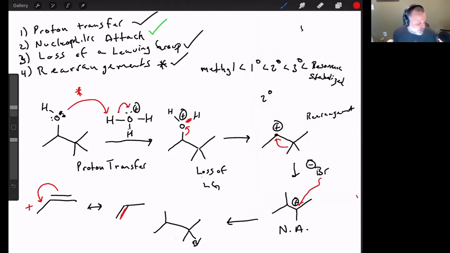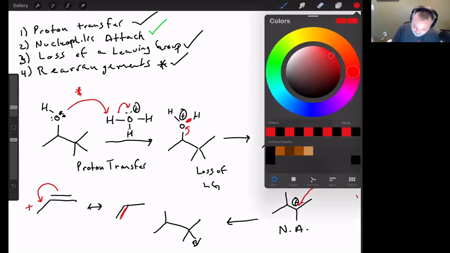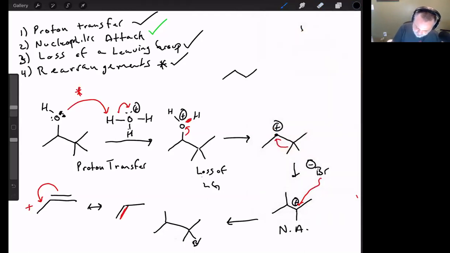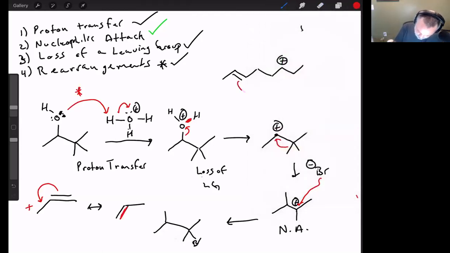The last thing I want to point out is that arrows never jump over groups of atoms. So I would never do something like, if I had, that's not possible.